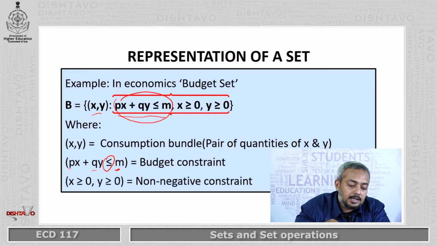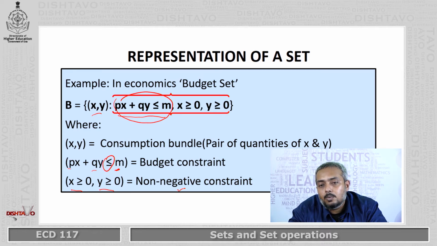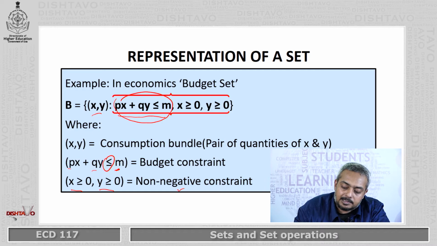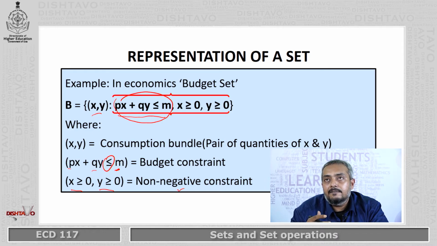Then you have two more things, that is x is greater than or equal to 0 and y is greater than or equal to 0. These are called non-negative constraints. What are non-negative constraints? Like I have told you before, when we deal with economics, there are certain things that cannot be negative, like quantity of x and y. In this particular case, two commodities cannot be negative. You can't have negative 5 loaves of bread or negative 5 mangoes or negative 10.